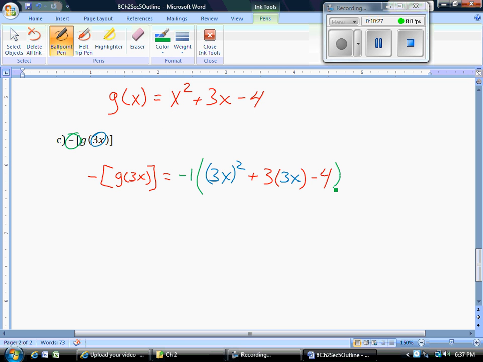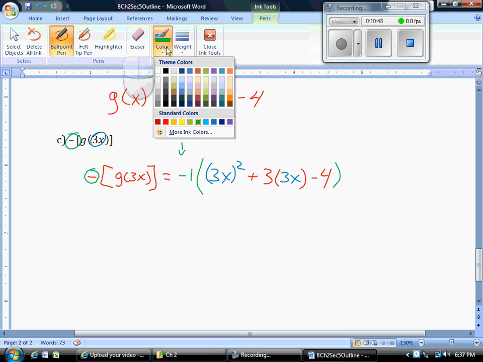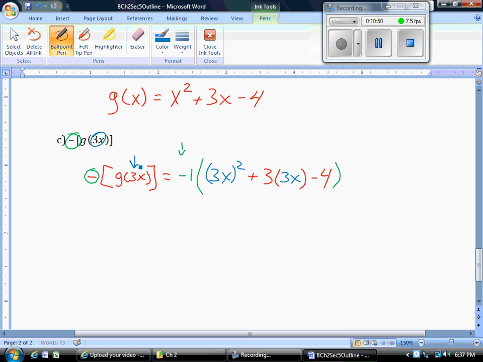Okay, I'll give you a second to look at that. I know there was a lot going on. So we have our original x squared plus 3x plus minus 4. Then what we did was we took this negative outside and made it negative over here. Then we took the 3x that was inside and replaced it into both of the variables. Okay?